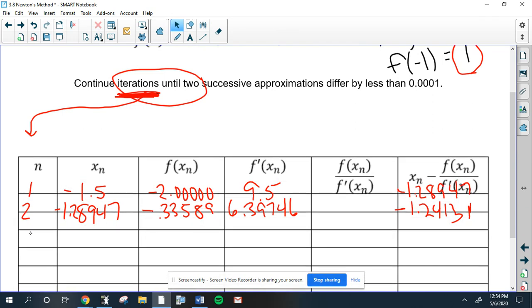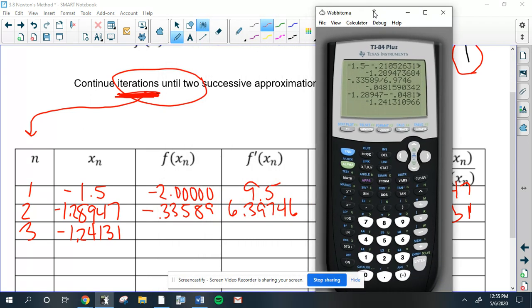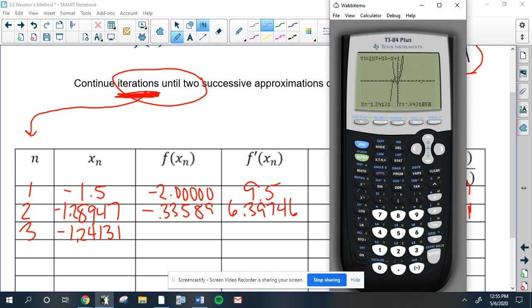So my third iteration, start with negative 1.24131. The value is negative 0.0431858, right here.